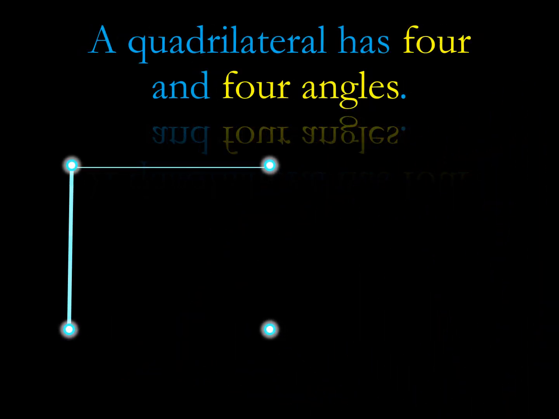Now, a quadrilateral is a square or rectangle, has 4 sides and 4 angles. And you can see I started with 4 points, I made 4 lines, now it's a closed shape.